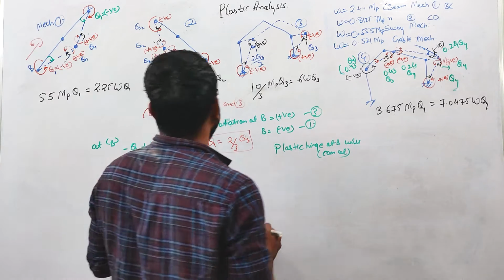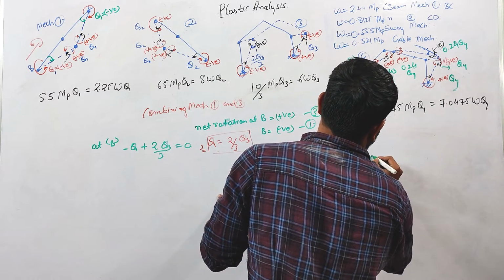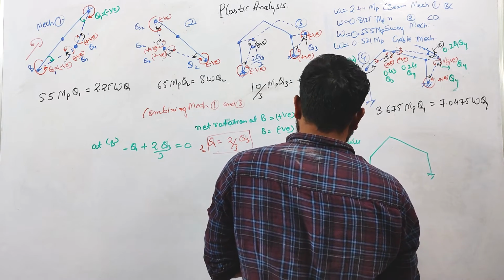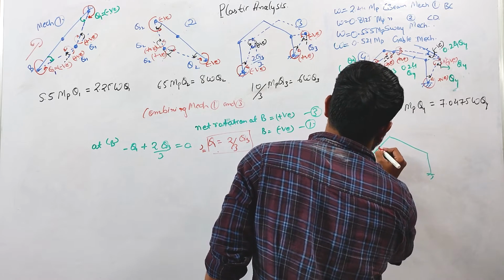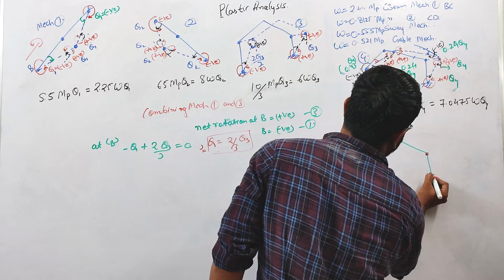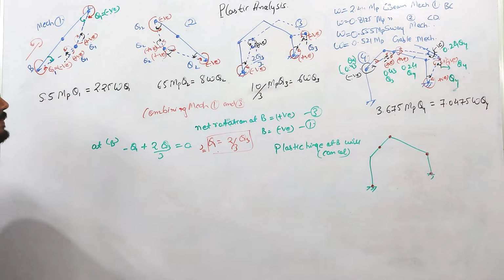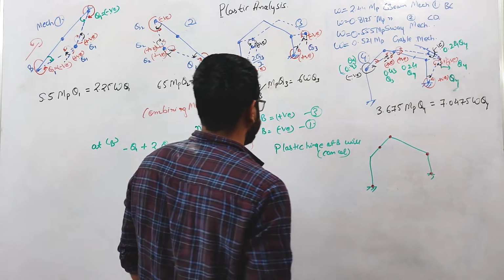And our structure will look like this. This is the case. At B, there are no hinges. So hinges will be at A, at this point, this point, and this point. Okay. If you combine mechanism 1 and mechanism 3, at B there will be no hinges.